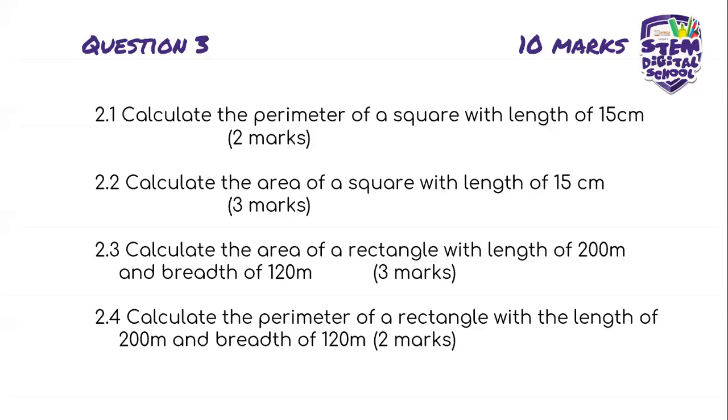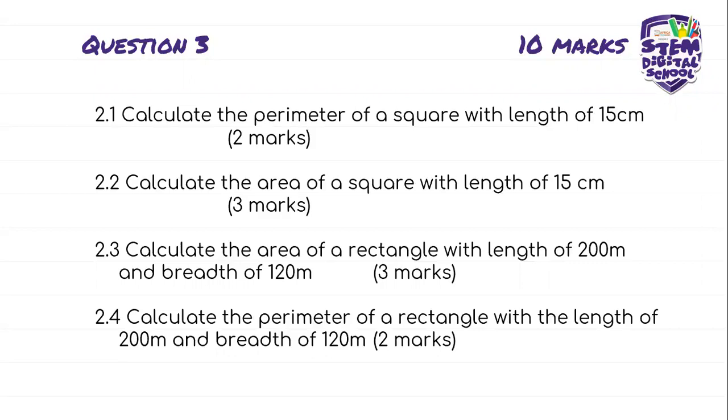Nosipo, I just want to remind you once again that the area of a rectangle is given by the formula length multiplied by breadth, or L times B. Okay, I see Nosipo says A is equal to 200 times 120, yes, precisely.